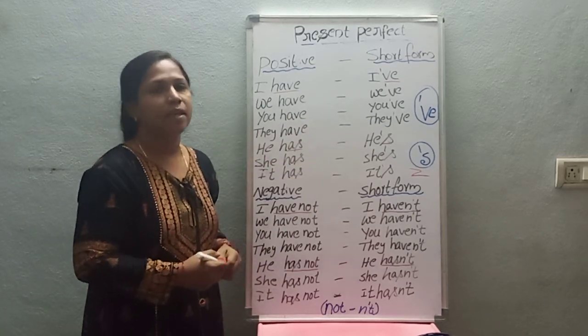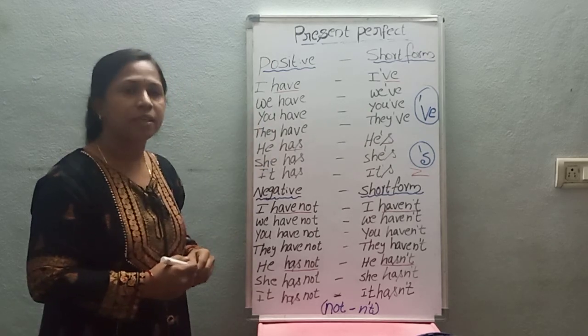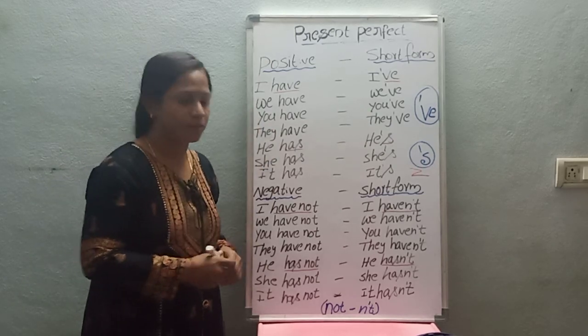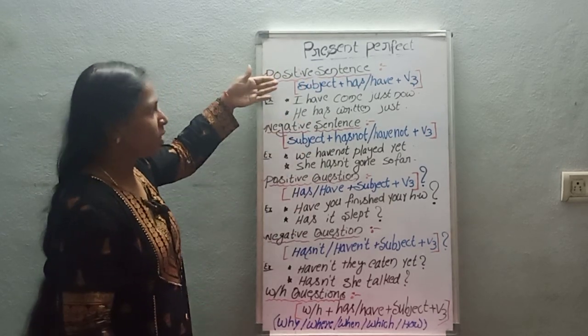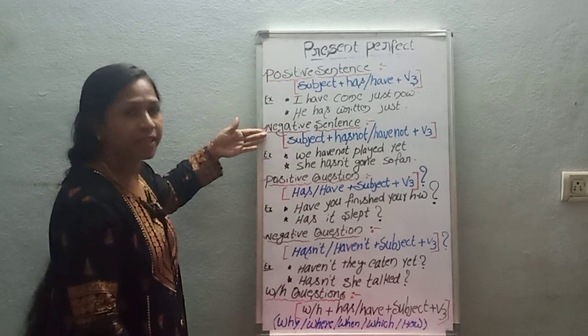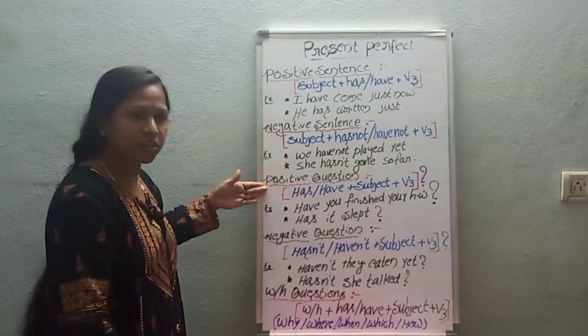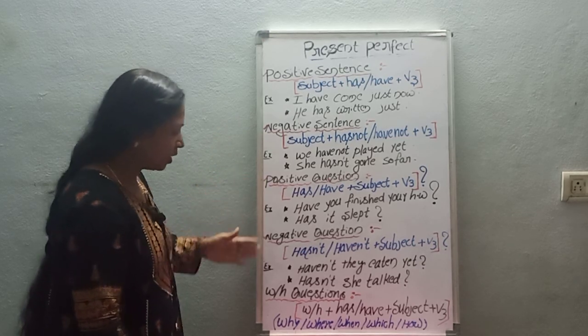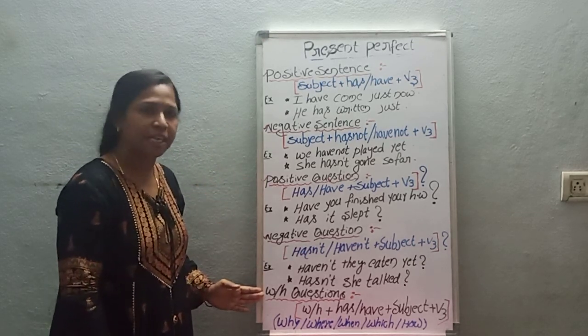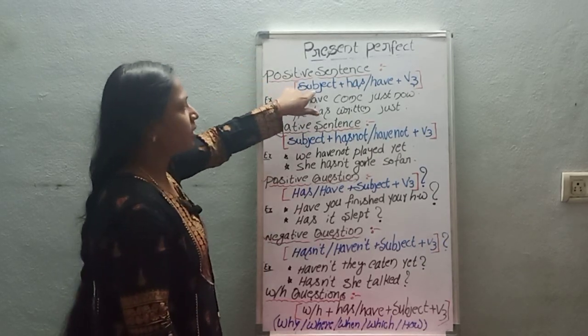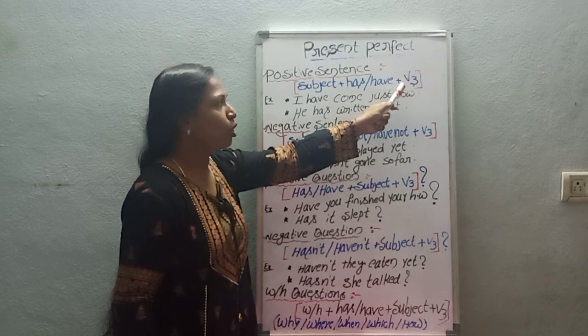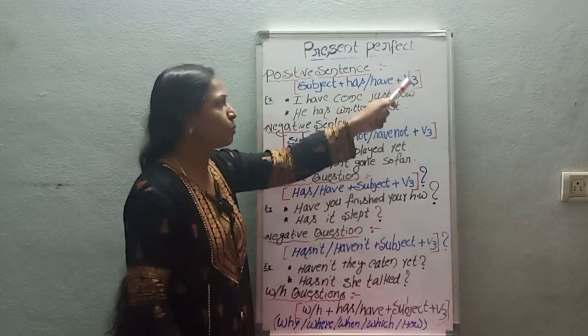Let me explain about present perfect sentences and their question forms. In present perfect, there are positive sentences and negative sentences. In questions, there are positive questions and negative questions, and there are WH questions as well. So in a positive sentence, the structure is subject, has or have, and the third form of the verb, that is past participle.